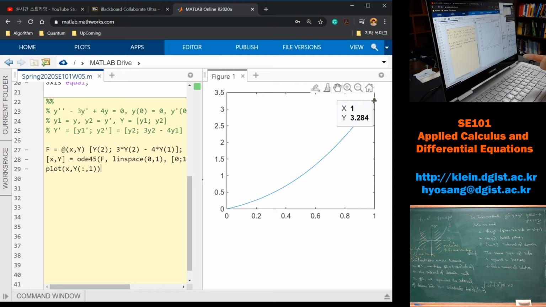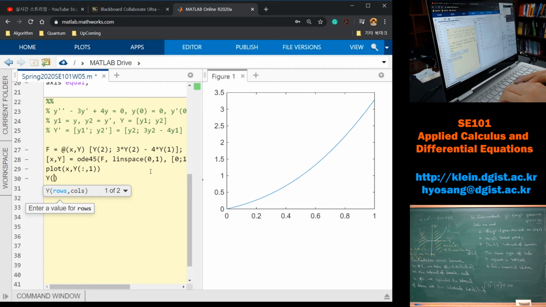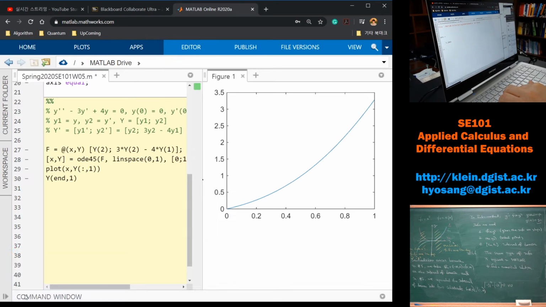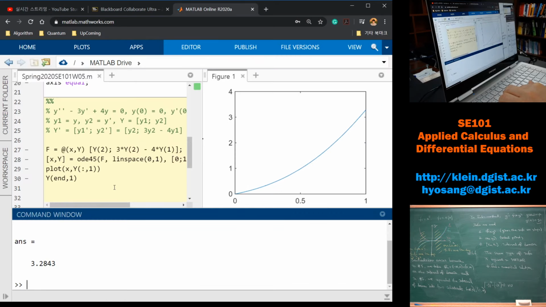If it doesn't happen, and if you're not too lucky, then you can simply find your value at the last point by this command. So, this command, value.